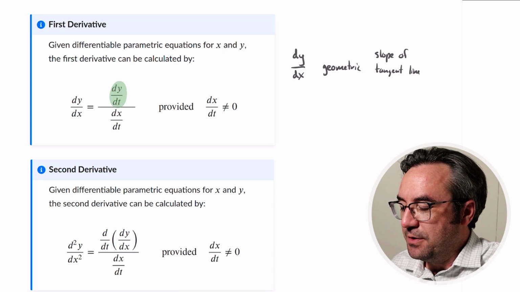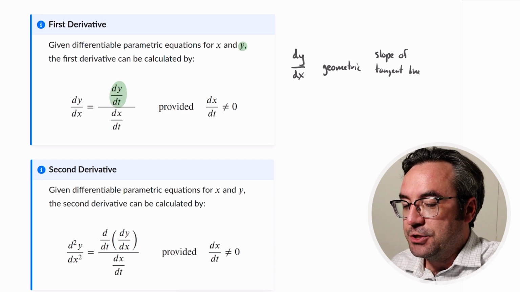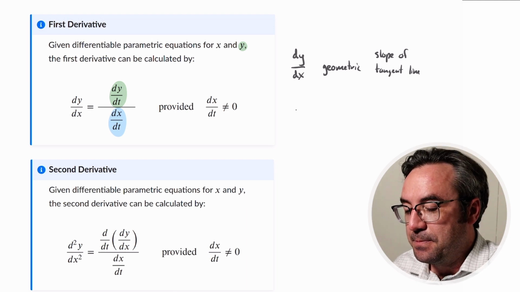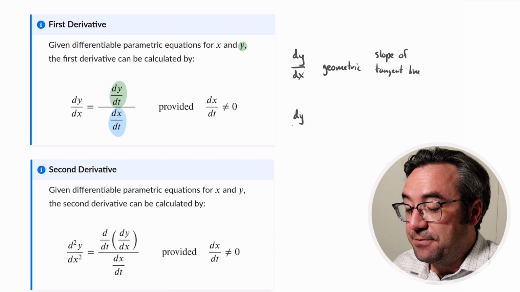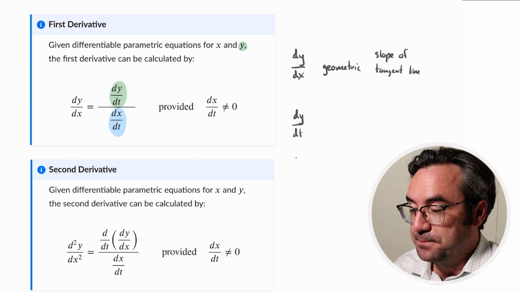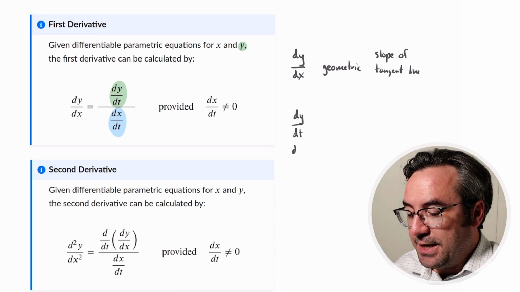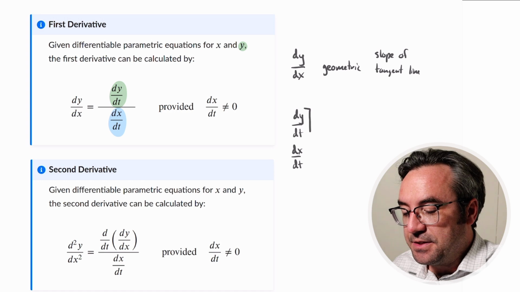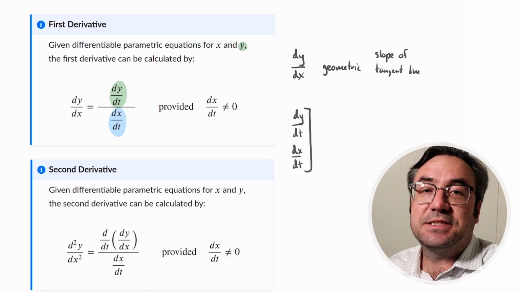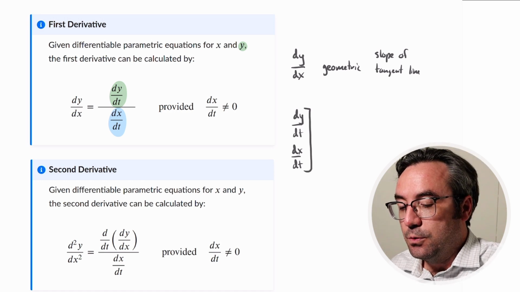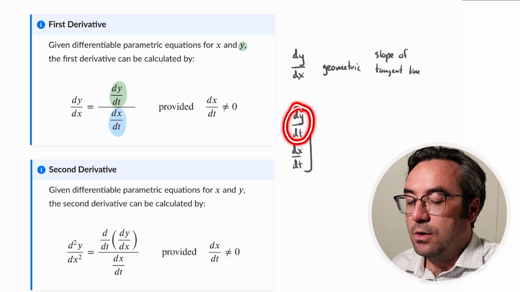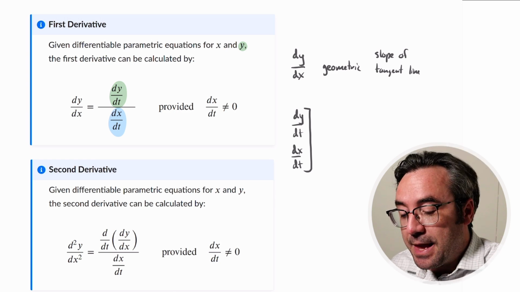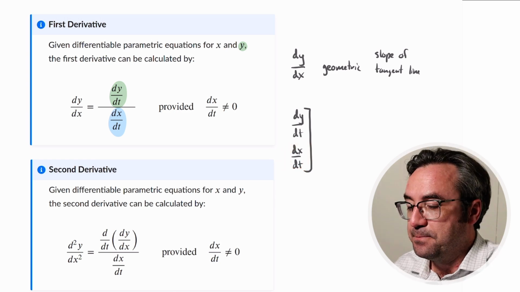Now, what about these other derivatives? We've got this derivative dy/dt for our y equation, and dx/dt for our x equation. These are fundamentally different derivatives. You can think of them more like velocity. We're thinking of y as a function of t, and x as a function of t.